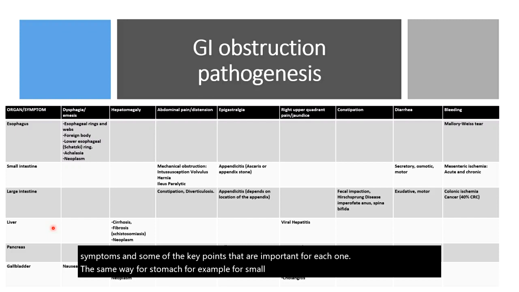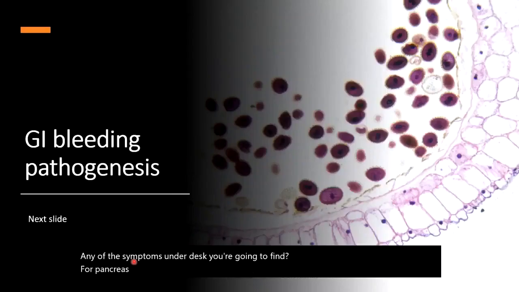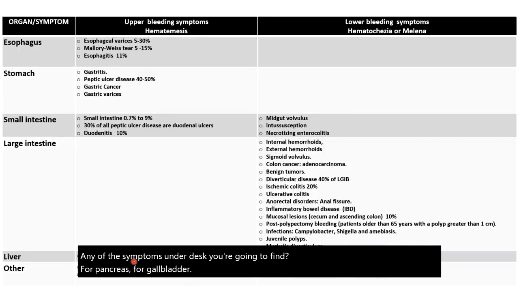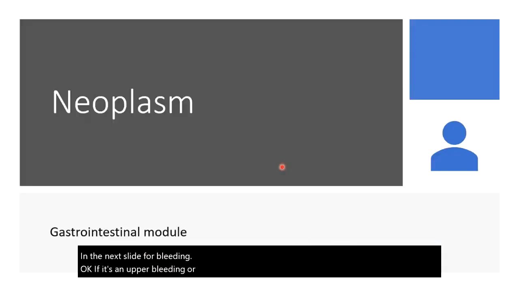Here I also did it for other problems. When we have any of the symptoms under this, you're going to find for pancreas, for gallbladder. In the next slide for bleeding, okay, if it's an upper bleeding or a lower bleeding.